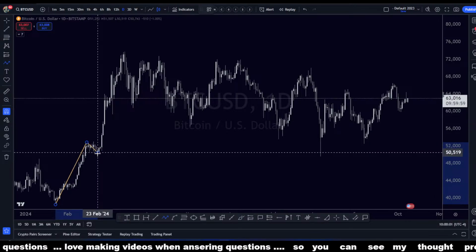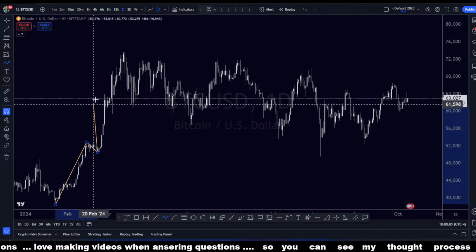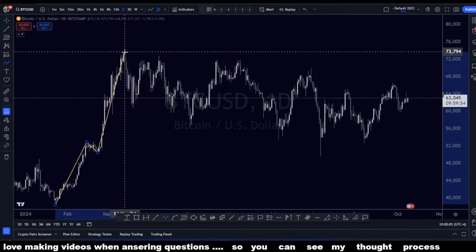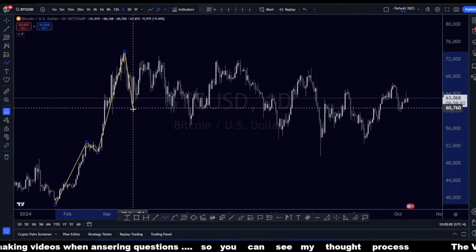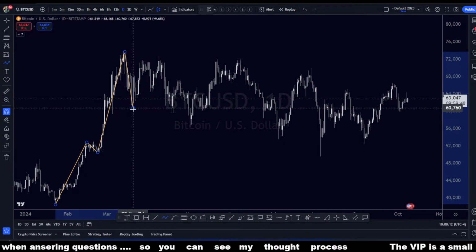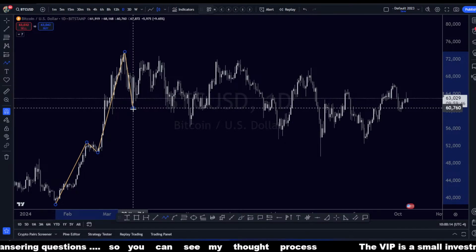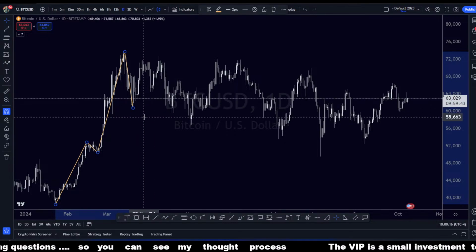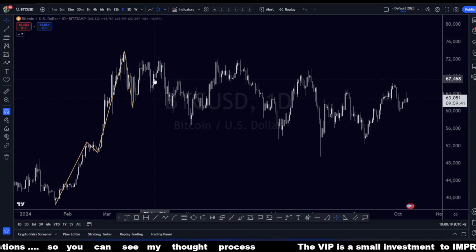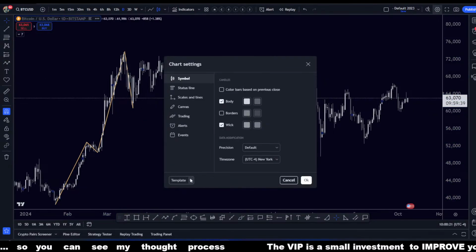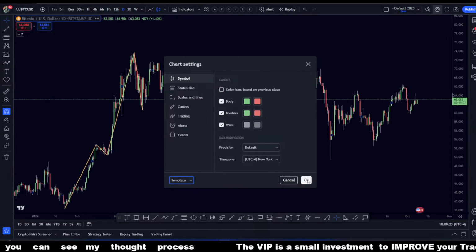So what I'm doing is I'm marking out market structure. It comes all the way up here, comes down, and this is really helpful to see what breaks and where. So now my next step is to go ahead and put this in regular colors. That way it's probably easy for people to notice it.